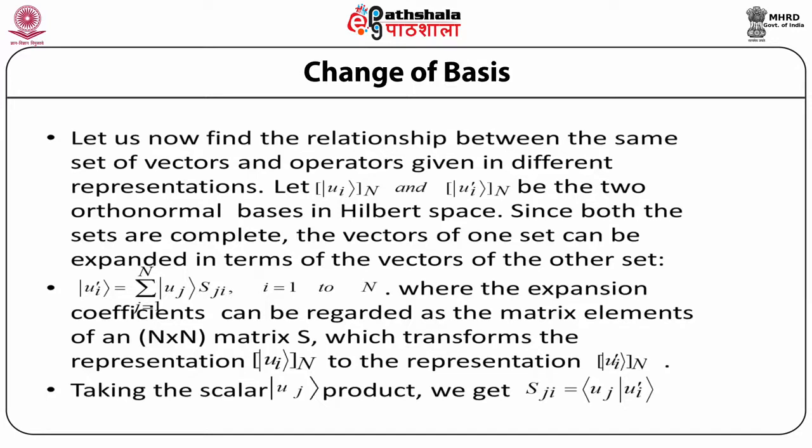That means the matrix S represents an n cross n matrix whose elements are the expansion coefficients s_ji, which transforms the representation of the orthonormal basis u_i to the representation of the orthonormal basis u_i prime.